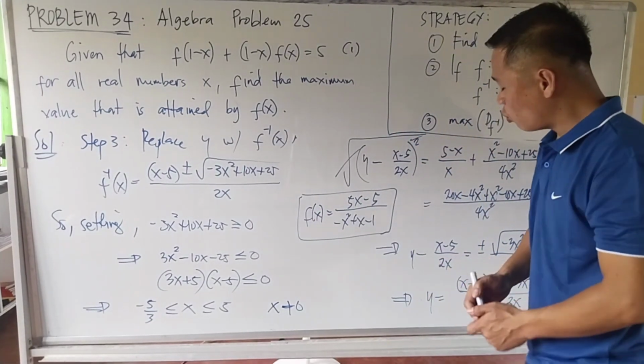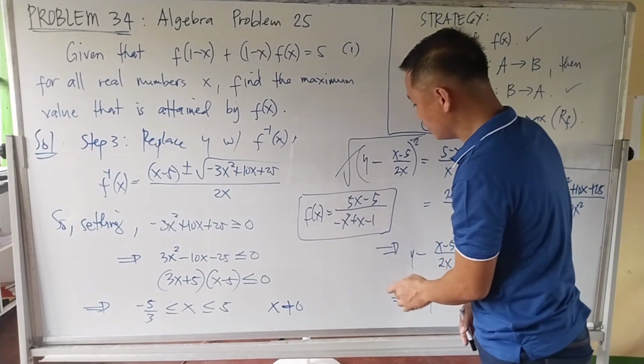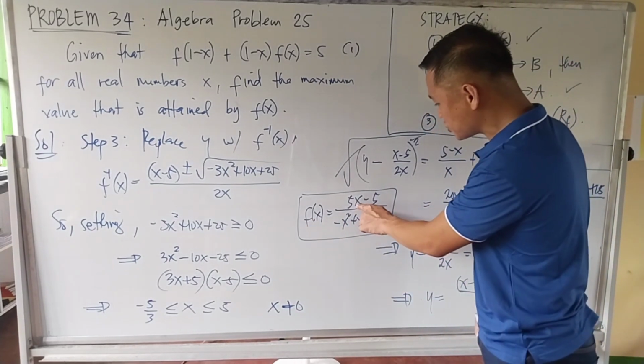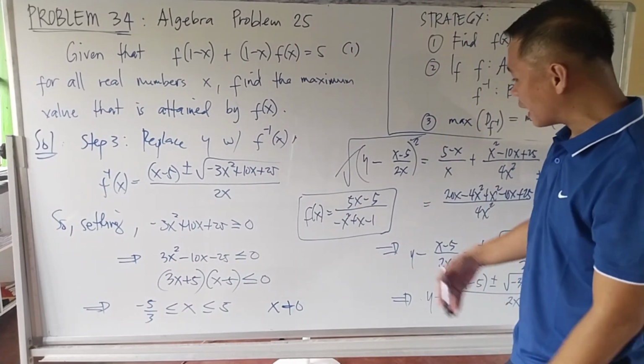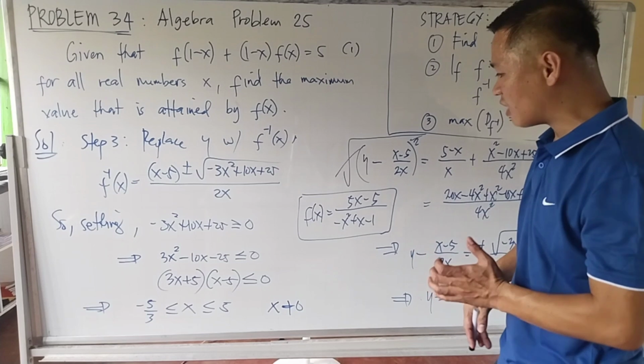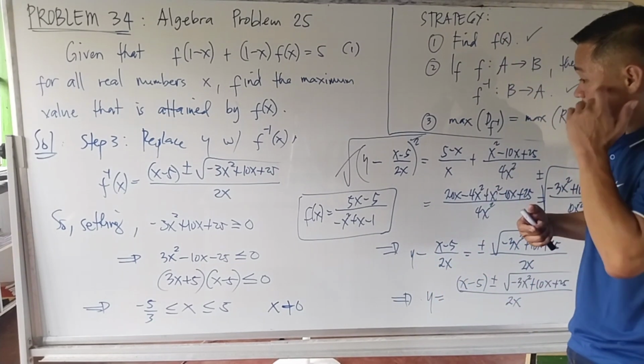Take note, we can have the value of y equal to 0 when x is equal to 1. So if we look back at the original function, it has a value of y equal to 0.